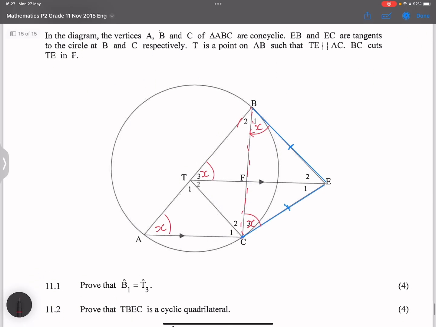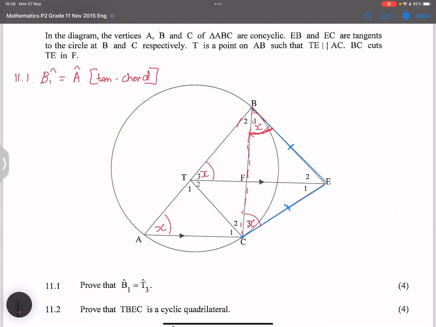Let's just write it in this case more systematically. So we said B1, first of all, is equal to angle A, and this is the tan chord theorem. There's B1, there's our tangent, there's the chord.